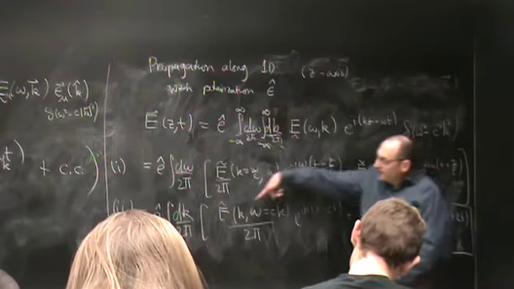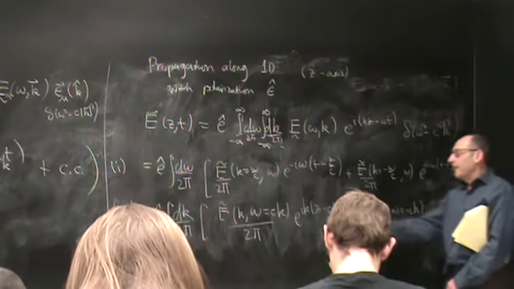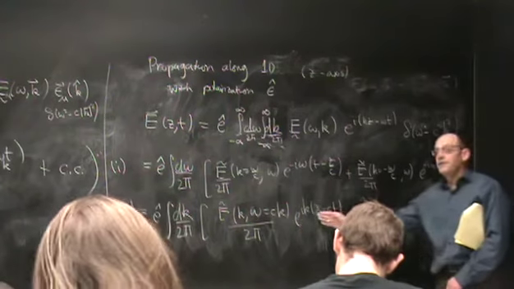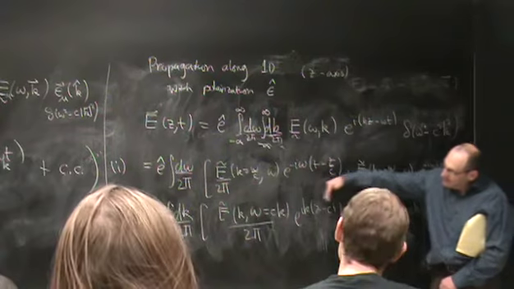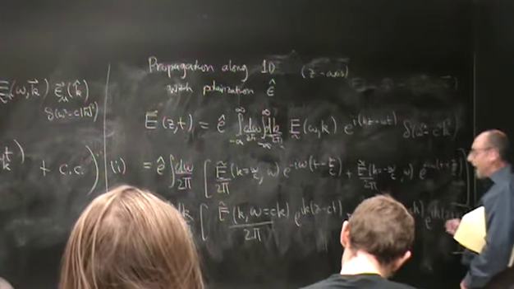Or I have some function of k and something that propagates me forward or backward along the z-axis. This is a propagation that takes z to different z's depending on the time, and this goes backward the other way.